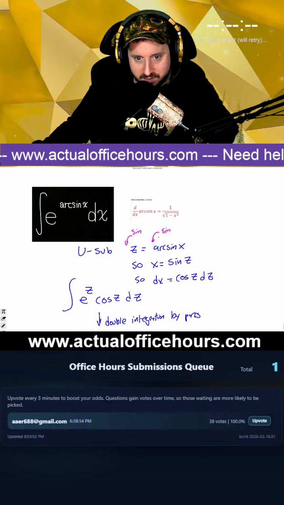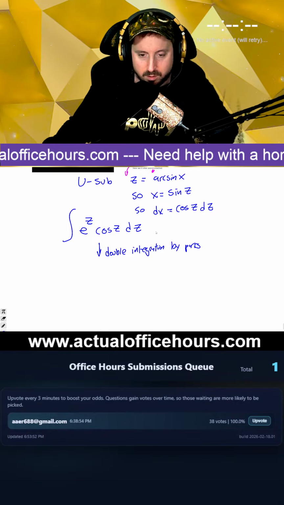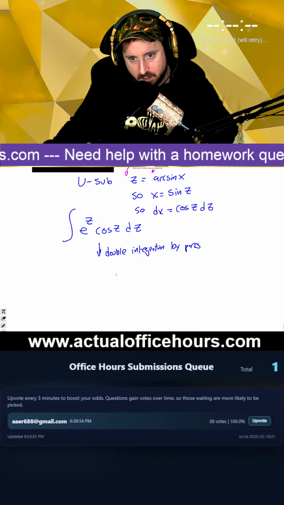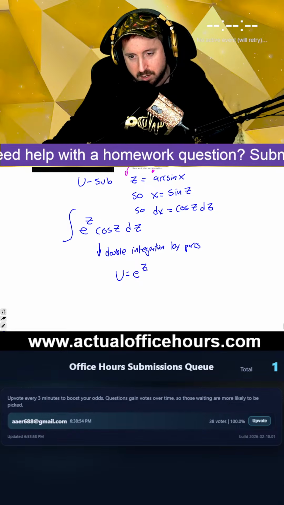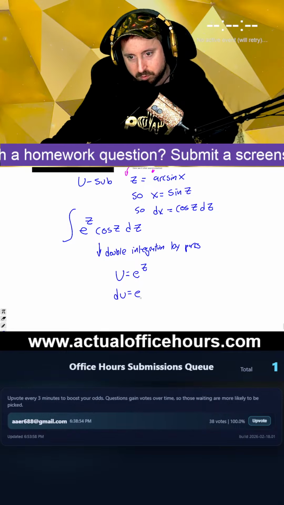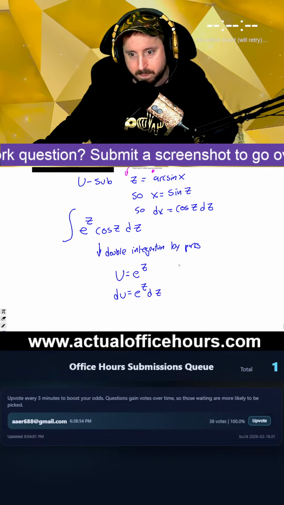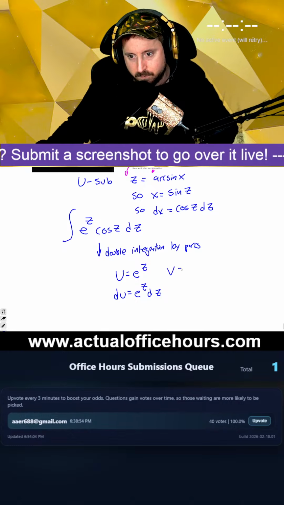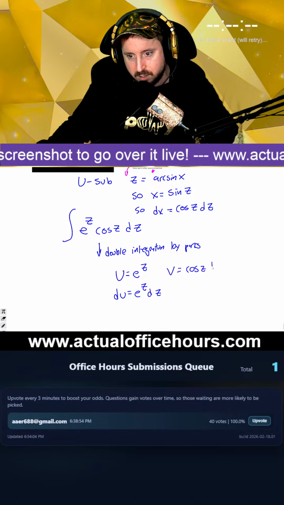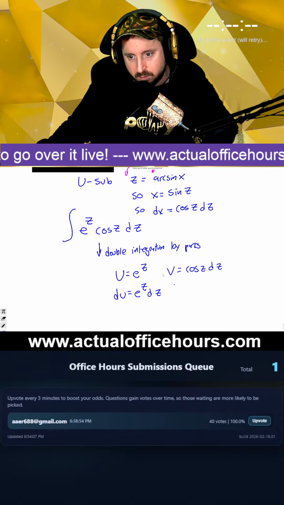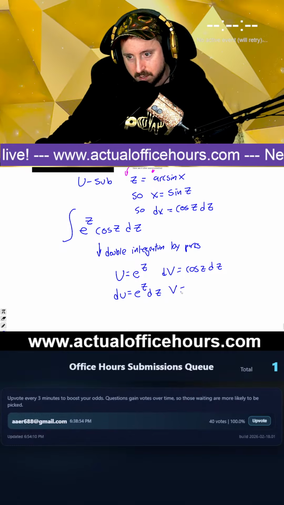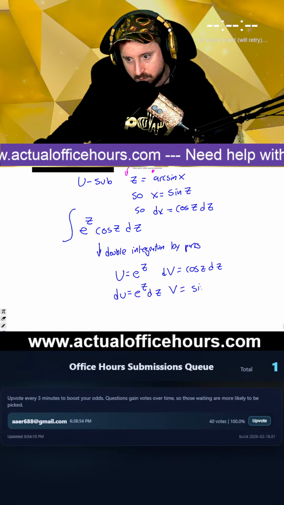That's actually really cool how that works. Okay, so then u is equal to e to the z. du is equal to e to the z dz. dv is equal to cosine z dz. So then v is equal to sine z.